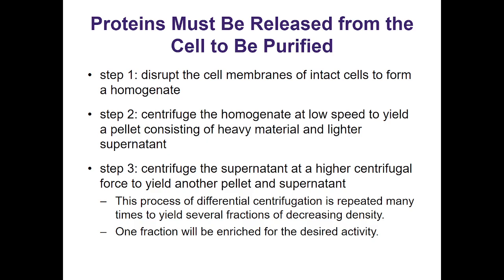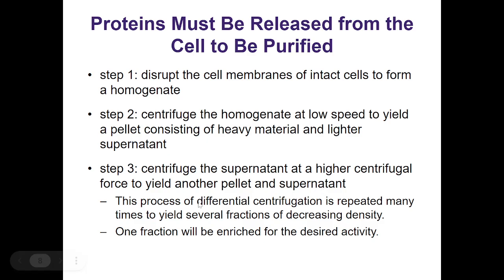But if you do this very carefully, just ramping up the speed each time, you can separate things with fairly little difference in them, okay? To give you an idea of the extremes that this can get, you can separate different isotopes from each other by taking a centrifuge that's the size of a football field, okay?